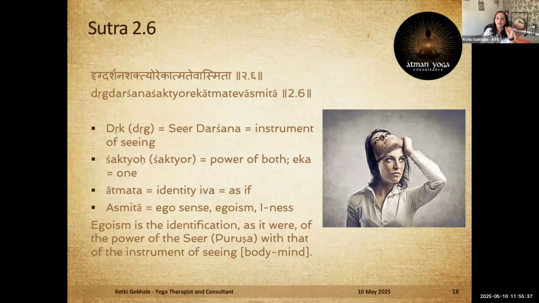We can say drik is one type of consciousness or awareness, and darshana is one step lower than drik consciousness. Drik is the pure consciousness, and darshana is the sensory perception, that level of consciousness.